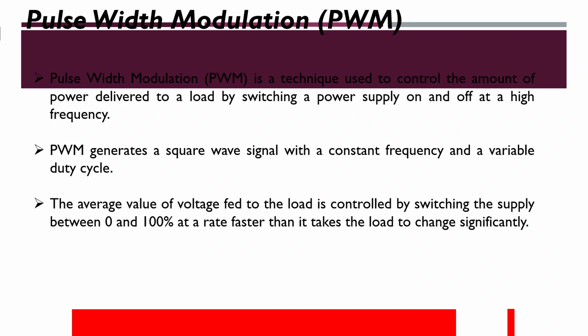Pulse width modulation generates a square wave signal with a constant frequency and a variable duty cycle. The average value of the voltage fed to the load is controlled by switching the supply between 0 and 100 percent at a rate faster than it takes the load to change significantly.